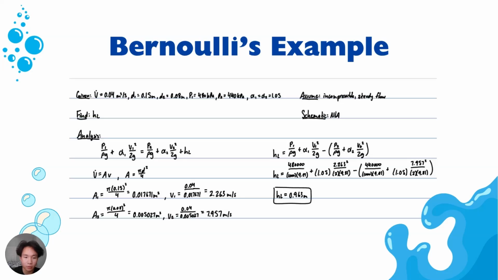Since we're given diameter, we solve for both the areas, and then we can solve for velocity 1 and 2. After that, it's pretty straightforward because we're given everything else. We're given the pressure, we know density, we know gravity, and then we just calculate for velocity. And we were given these alphas. So after just plugging it in, we get a head loss of 0.963 meters.